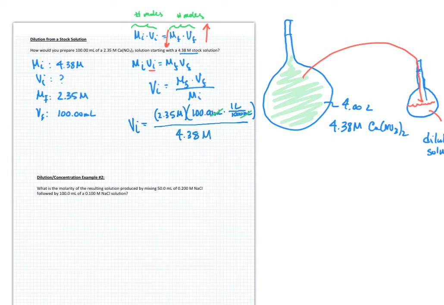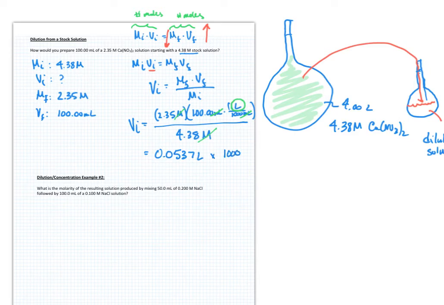And this is molar calcium nitrate for both cases, so molarity is going to cancel molarity. My only unit that's left is liters. So when we do this calculation, this comes out to be 0.0537 liters.